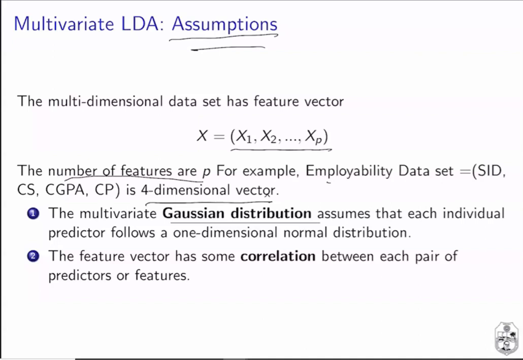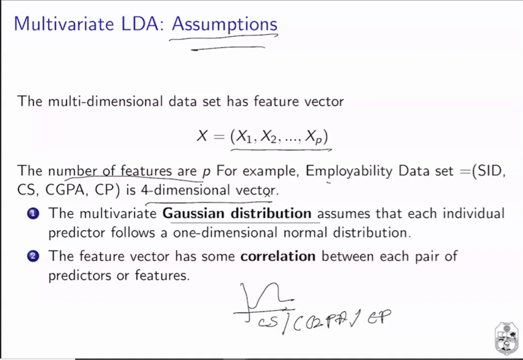That means the communication skill has the Gaussian distribution. Similarly, the CGPA also has the Gaussian distribution. Similarly, the computer programming also has the Gaussian distribution. So all the individual features have the Gaussian distribution.